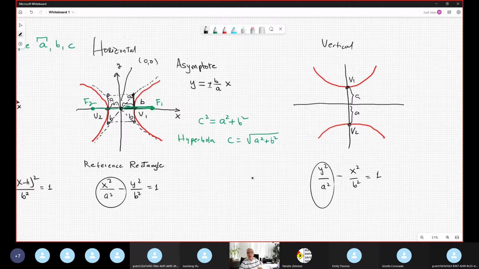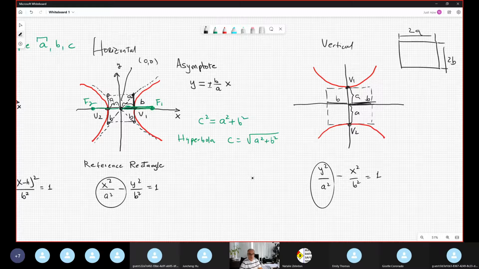And we have the famous reference rectangle. But this distance is b. This distance is b. Therefore, in both cases, the reference rectangle is a rectangle like that, and this distance is 2a, sorry, and it's 2b.